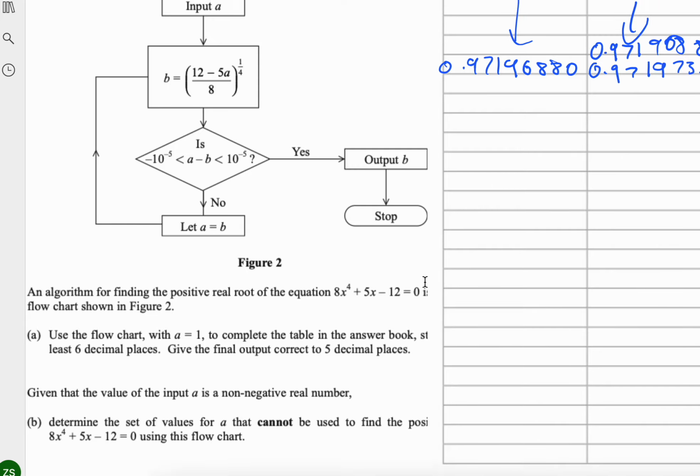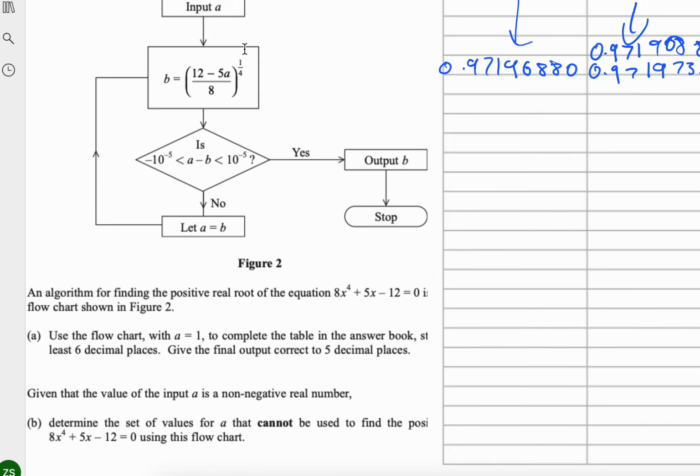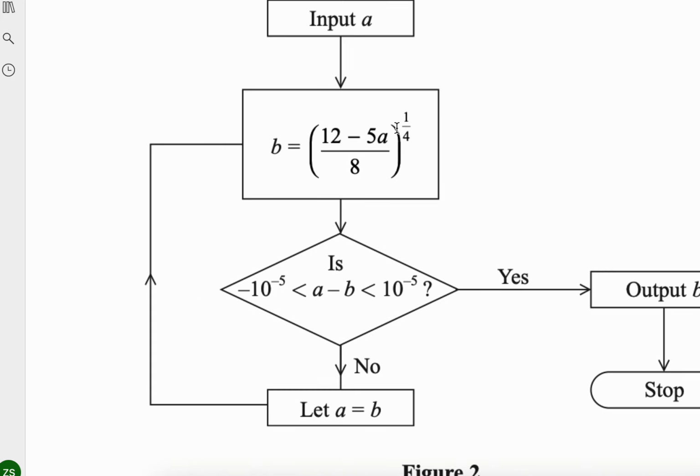If you look at this, this function here is the fourth root. What can't you find the root of? What gives you a maths error when you try to find the root? Negative. So what is our criteria? It needs to be greater than 0.